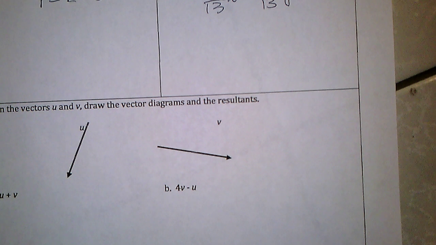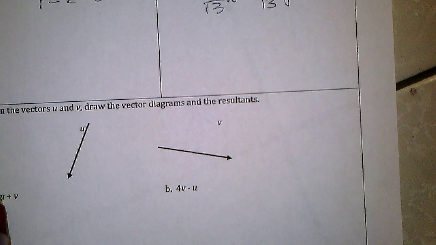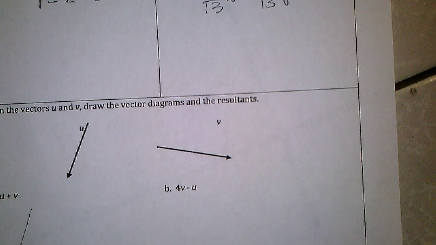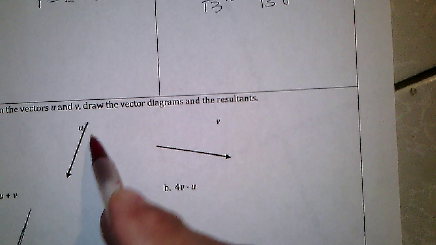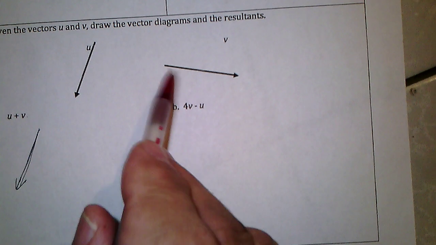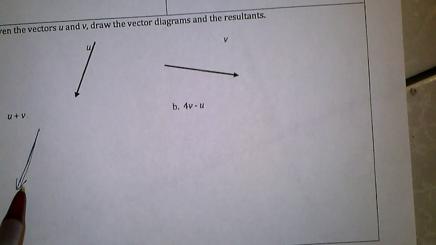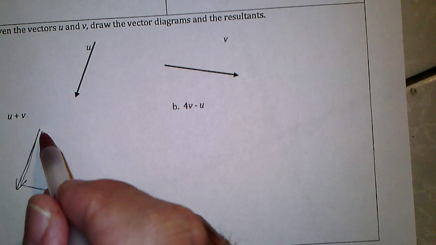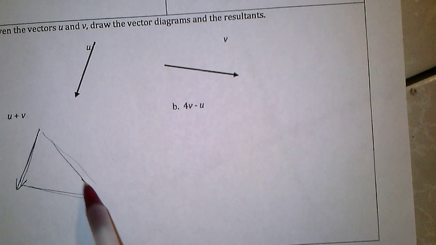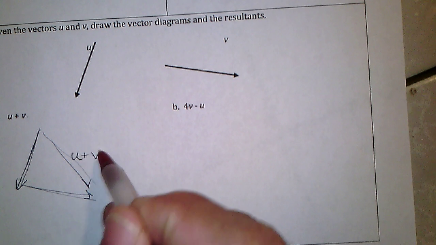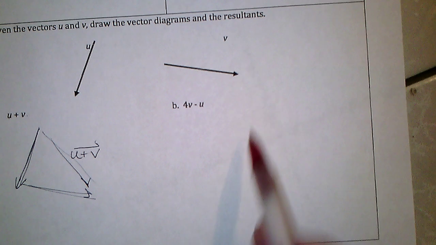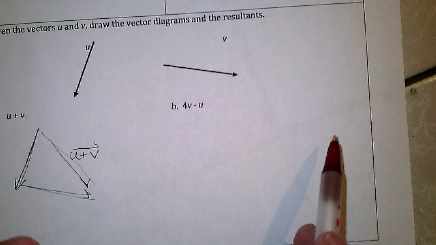Last problem. U plus V. So I'm going to do U, should look about the same direction, same size, plus V, and V goes this way. So there is U plus V. And 4 V's, ooh, that's going to take me a long way over there.